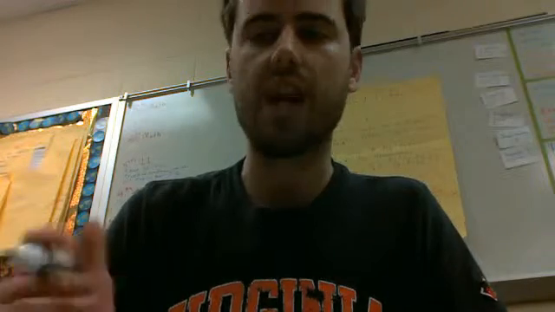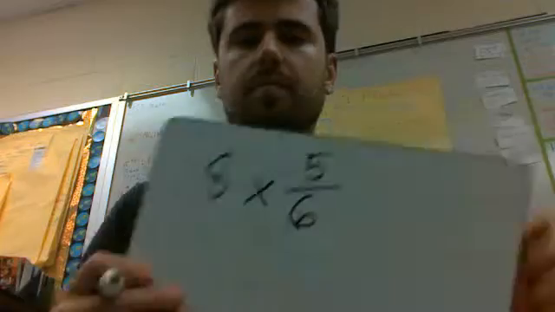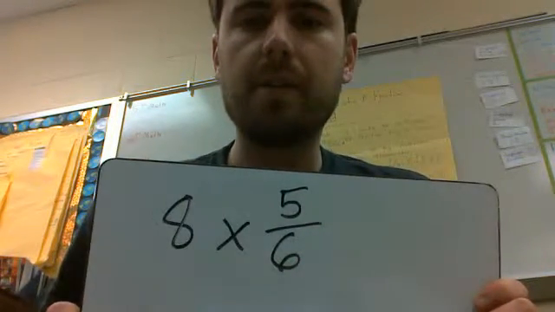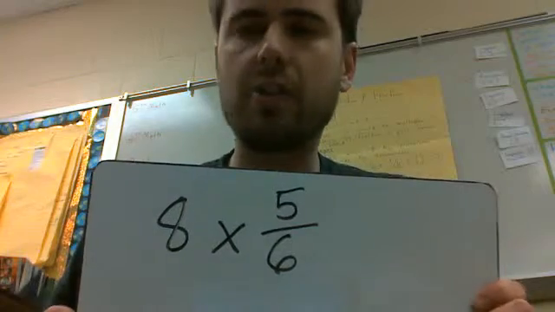Let's do another one, and let's use this new strategy where we're multiplying the numerator, the top number. How about if we do 8 groups of 5/6? You think you can get this one? Pause the video here to try it yourself.